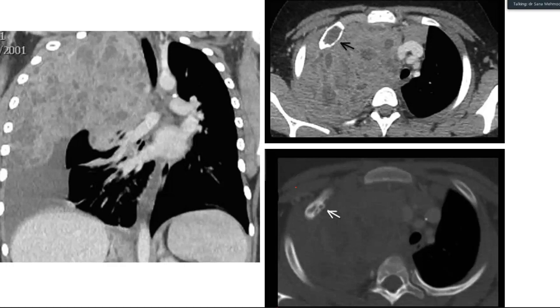So I'm considering it to be an extrapulmonary lesion with rib destruction. My provisional diagnosis would be a primary sarcoma, like Ewing sarcoma.